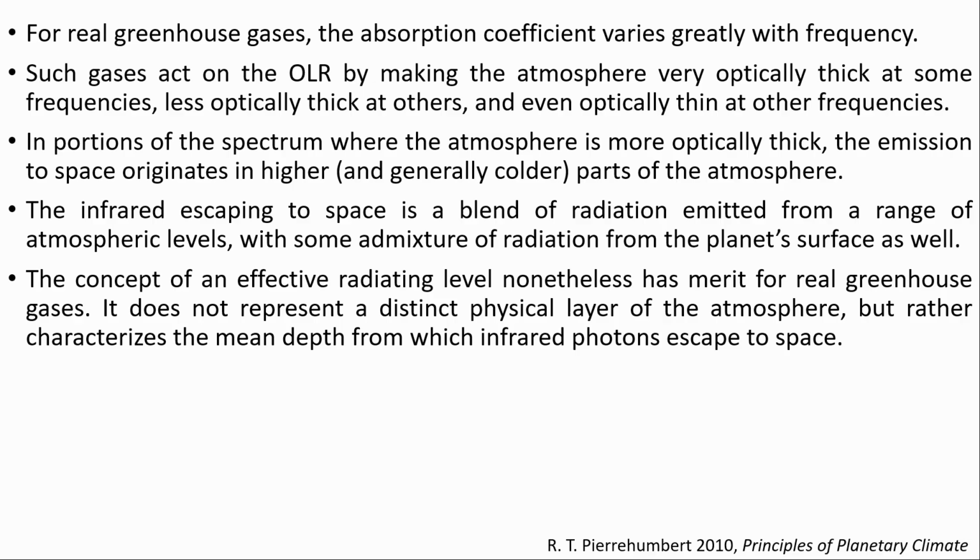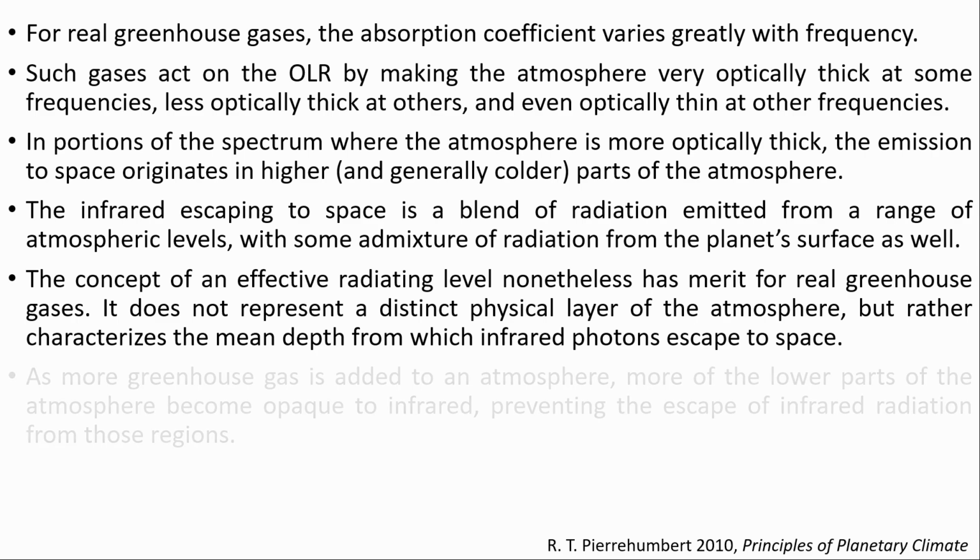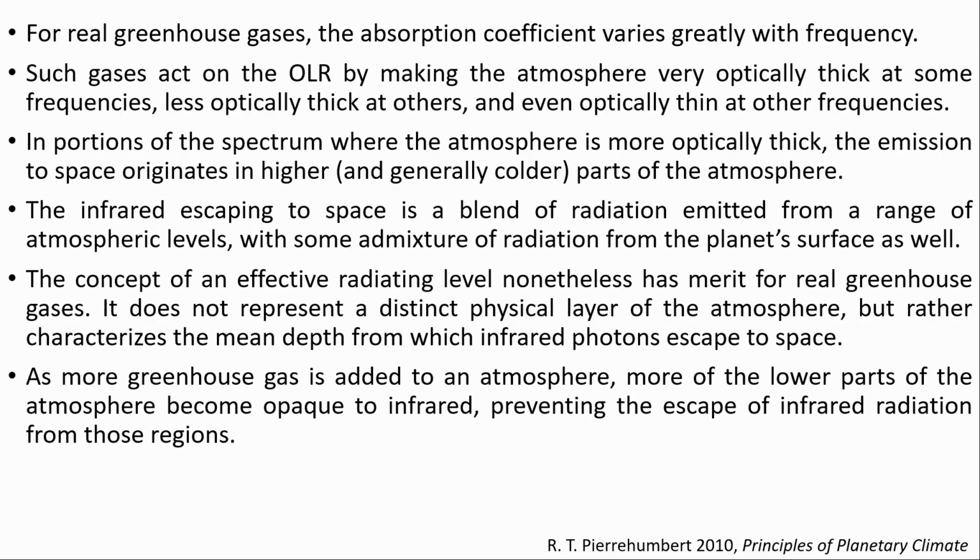It does not represent a distinct physical layer of the atmosphere, but rather characterizes the mean depth from which the infrared photons escape to space. As more greenhouse gases are added to the atmosphere, more of the lower parts of the atmosphere become opaque to the infrared. Again, that will be important, especially when we get to video 4, but this opacity can be a bit misleading because we do have blackbody re-radiation going on even at the lower levels.